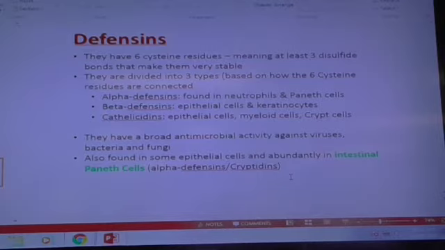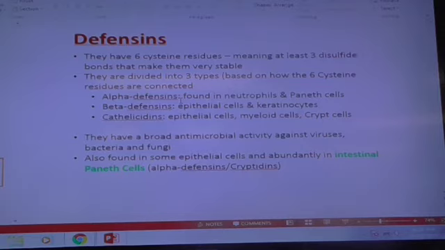Neutrophils do produce them. They can take care of some bacteria, viruses, or even fungi. There are a few defensins or antimicrobial peptides. Some are called alpha, some are beta, and cathelicidins. Most important are the alpha defensins. These are produced by neutrophils.